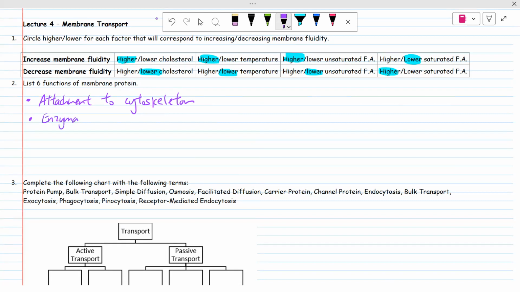Enzymatic activity. Cell recognition. Cell signaling. Transport.